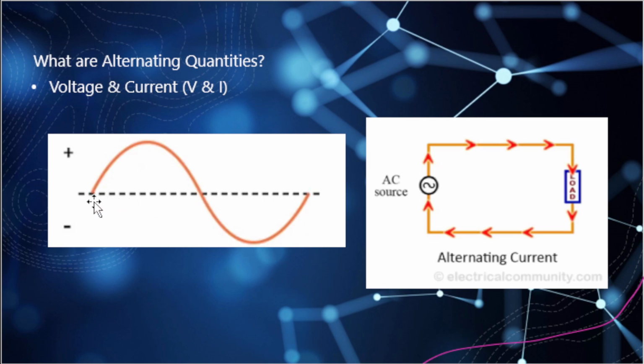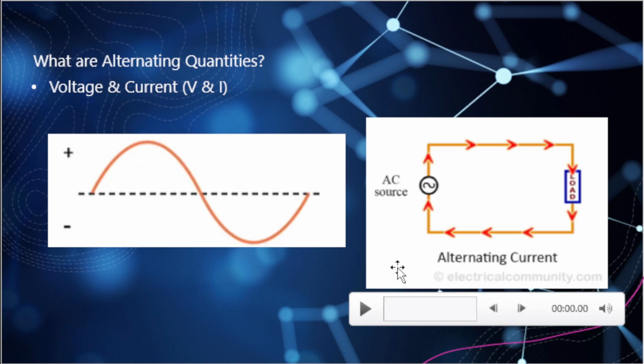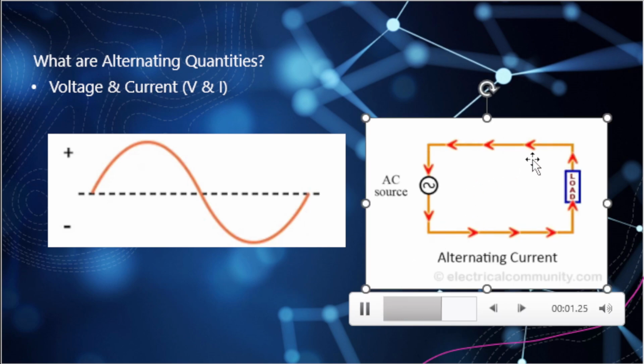With alternating voltage, or AC voltage, we can see that it changes over time, and that the polarity also changes over time. So in one instance, we get a more positive voltage. Then as time progresses, we go more negative. No different than our current swapping around as depicted over here by this little video.